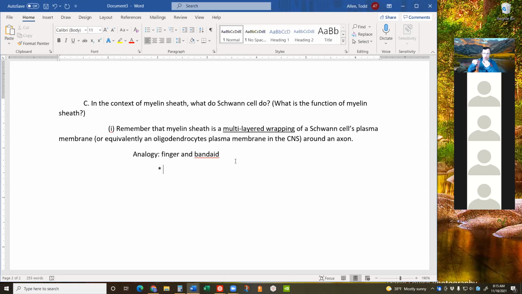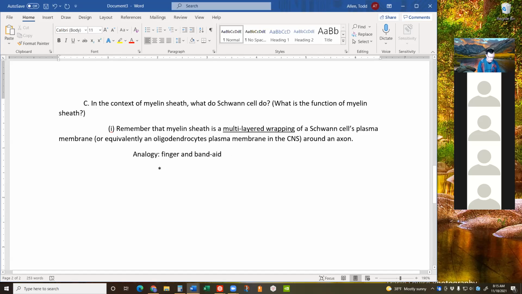If you had a very large Band-Aid, and you wrapped it around the finger, and because the Band-Aid was so long, some of it continued to wrap a second time and layered on top of itself, so we had multiple layers of thickness, then that would be myelin sheath. Christian, thank you for the spelling help there. Appreciate that.